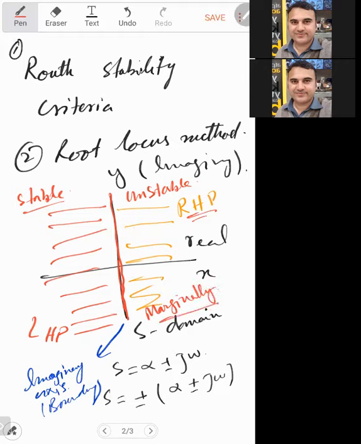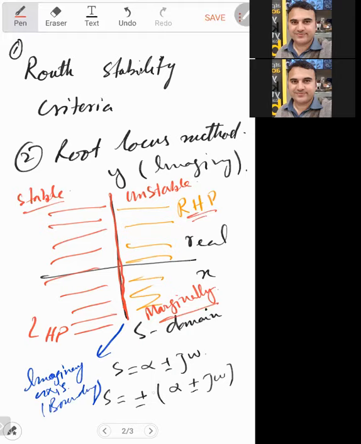Marginally means that it will give a bounded output for every bounded input, but it will not come to the steady state position, or the error will not reduce, so it will remain the same. The transient will not die out in the marginally stable system, so it will give you a continuous oscillating signal.